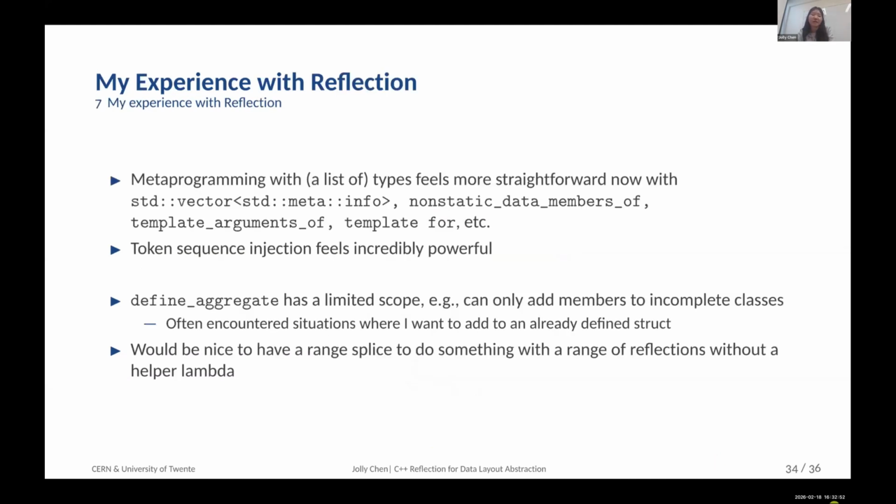Some last comments on my experience with reflection are that, personally, I really found metaprogramming with reflection a lot more straightforward than with, for example, templates, because it allows you to iterate over types, and you can directly query different information on a type instead of doing some tricks with parameter unpacking and trying to get the last element of a pack and things like that.